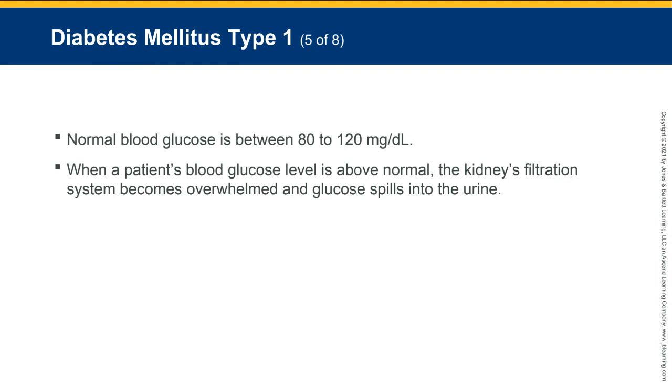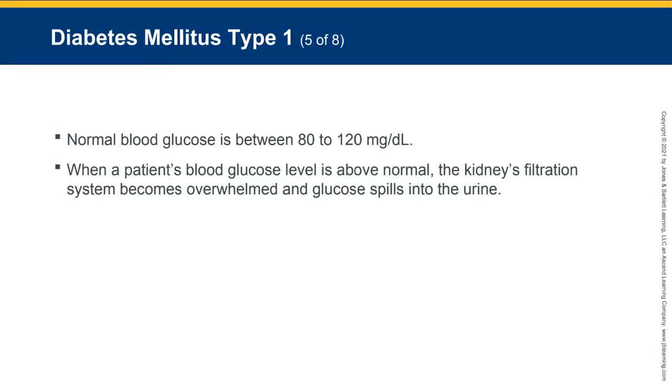To convert milligrams per deciliter to millimoles, you simply divide by 18, and that will give you millimoles. And to convert millimoles to milligrams, you multiply by 18. So milligrams is common in the US. In Jamaica, you're going to see millimoles, more common.